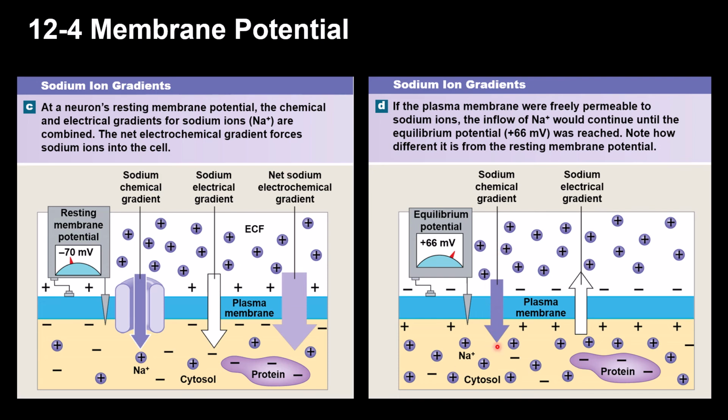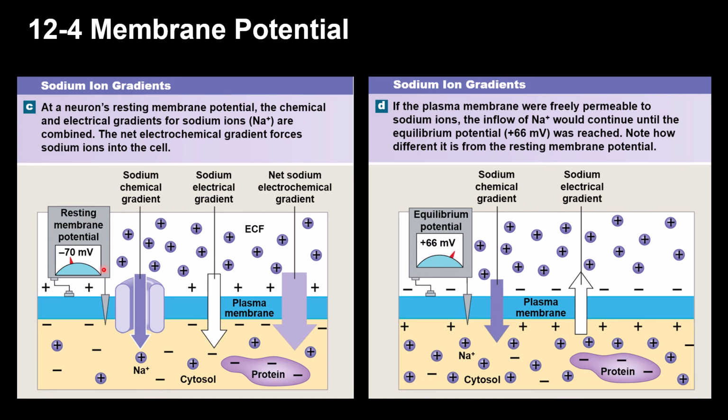And once they try to enter the cell, the inside of the cell becomes more positive, until a time that there is no movement of the ions outside of the cell or entering the cell. So there is a balancing of the movement, so there is no net movement, and that is called equilibrium potential. And for sodium, it is positive 66.